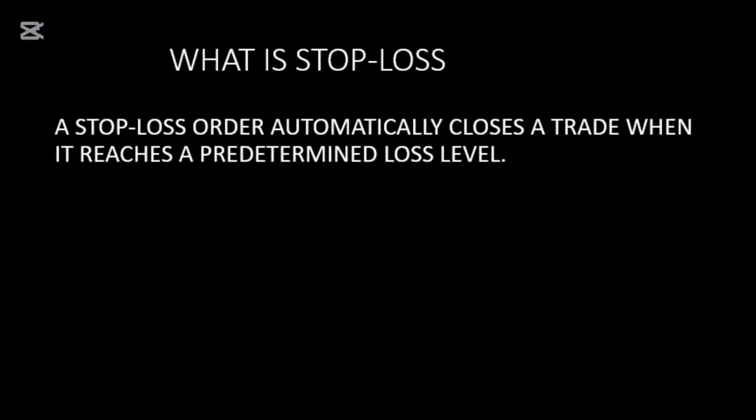Even if you're not there at that point in time, in as much as you place your stop loss order, your broker is going to close the trade for you, without asking permission, once price gets to that level.